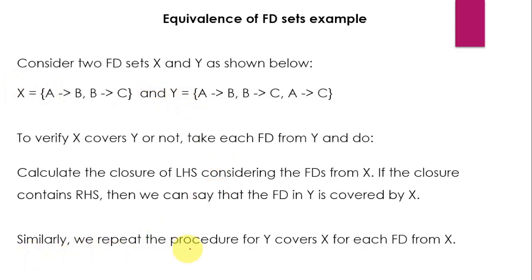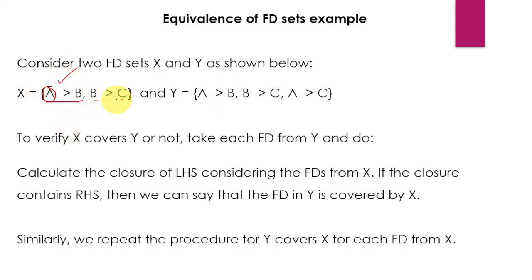Similarly, we repeat the same procedure for Y covers X. Let's see this also very fast. Now we are finding whether Y covers X. That means we should take each FD from X and check whether it is covered by these three. Calculate the closure of A. Closure of A is A itself. From A, B. From B you get C. So B is there in the closure, so this is covered.